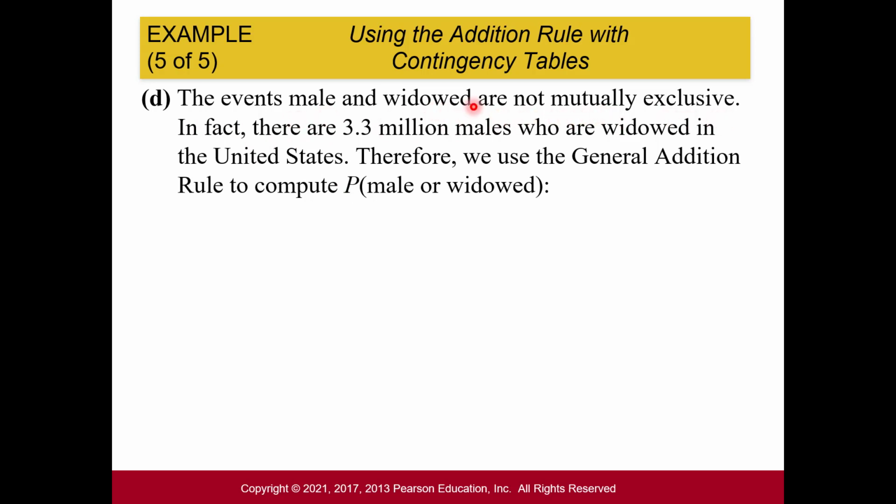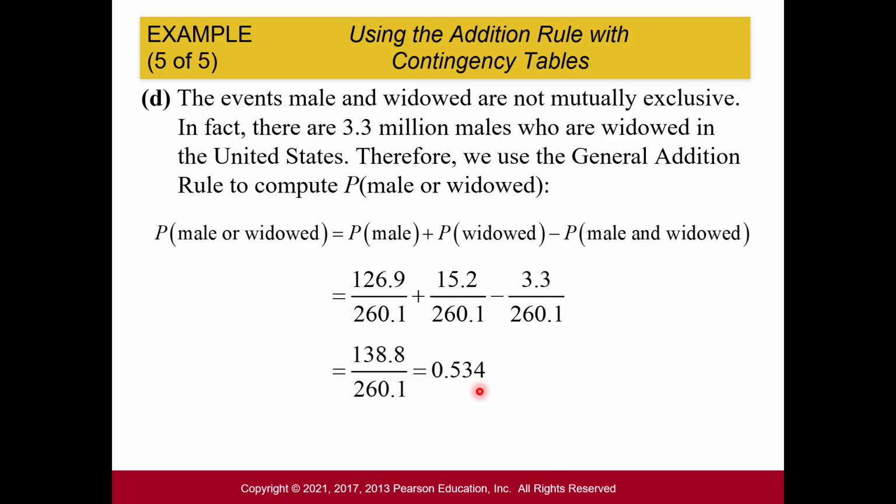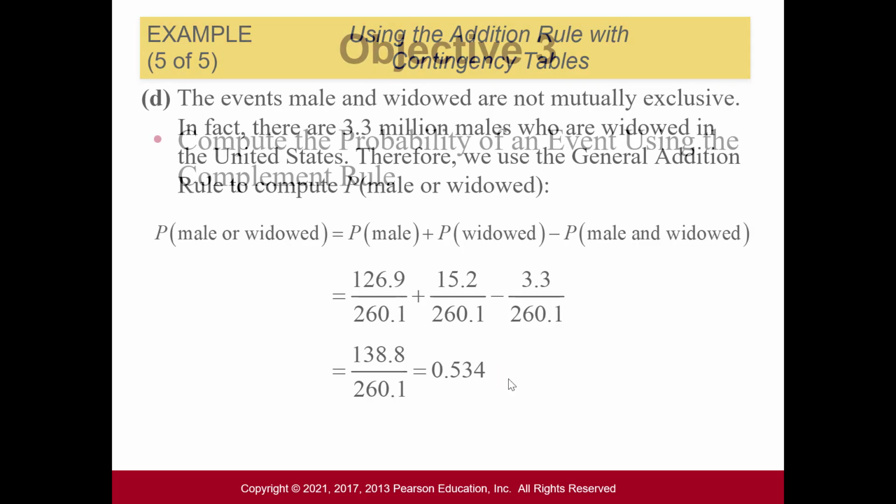Someone can be both male and widowed. In fact, there are 3.3 million males who are widowed in the United States. So this time we have to use our general addition rule because they are not disjoint events. We take the individual probability of male, add the individual probability of widowed, and then subtract the overlap of male and widowed. After we do that, we get that about 53.4% are male or widowed.